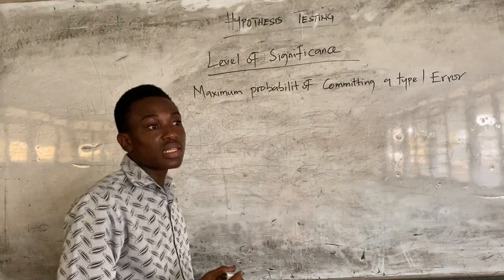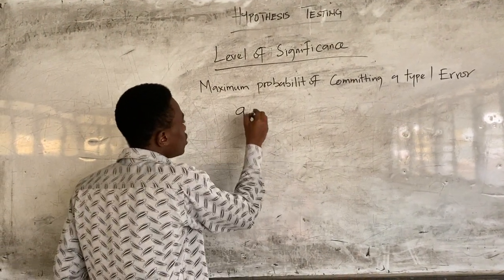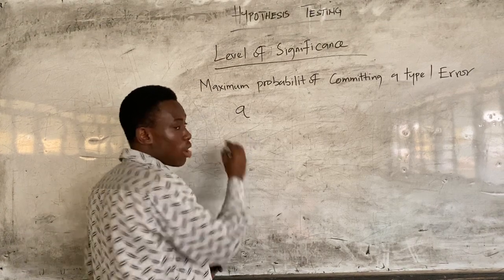And the level of significance is denoted by A, or alpha.